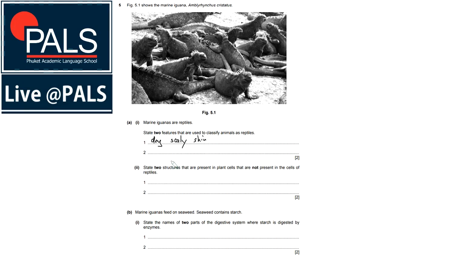If we think about other organisms, amphibians, closely related, have a smooth, moist skin. Birds' skin is covered in feathers. Fishes have scaly skin as well, but live in the water, so moist, not dry. Different scales as well. And the other feature has to do with eggs.